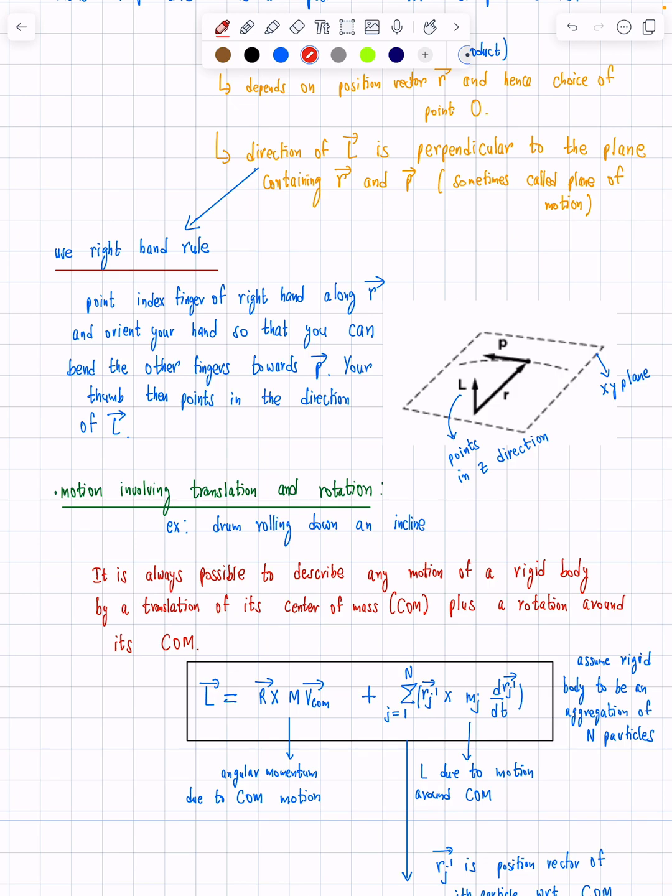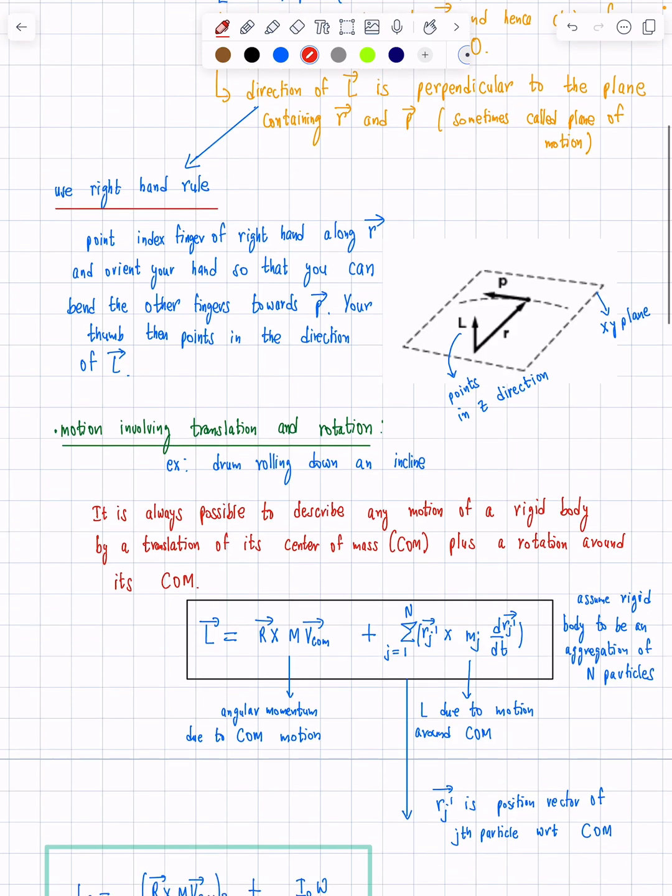The drum is rotating around its axis, and its axis is undergoing translation motion down the incline. It is always possible to describe any motion of a rigid body by a translation of its center of mass plus a rotation around its center of mass. So it's a superposition of translation and rotation motion.